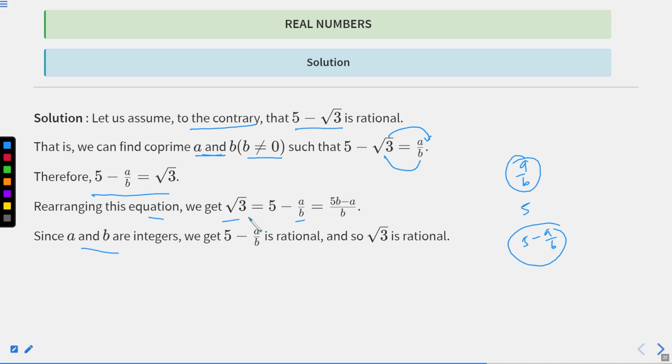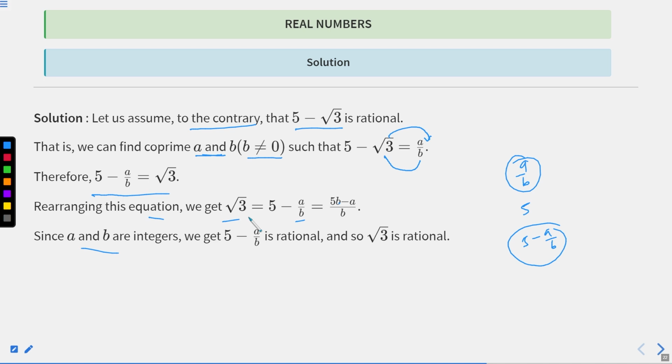So a can be written as 3 times c. Substituting a equal to 3c in 3b square equal to a square, we get 3b square equal to 9c square, that implies b square equal to 3c square, and from this we conclude 3 also divides b.